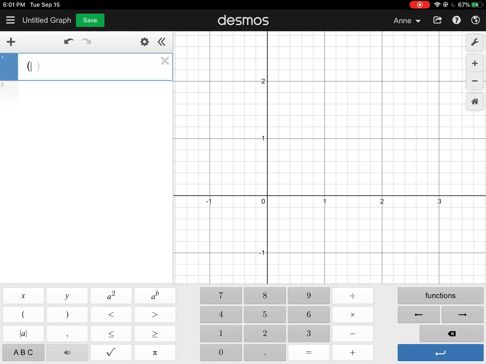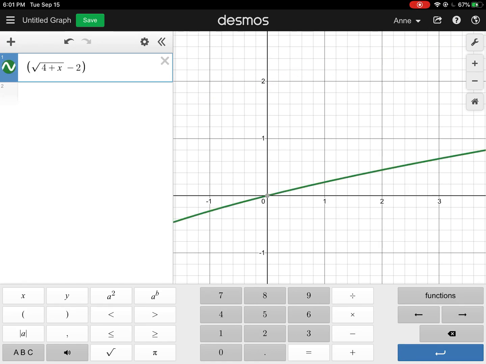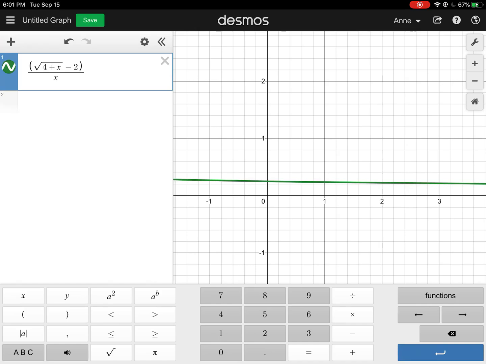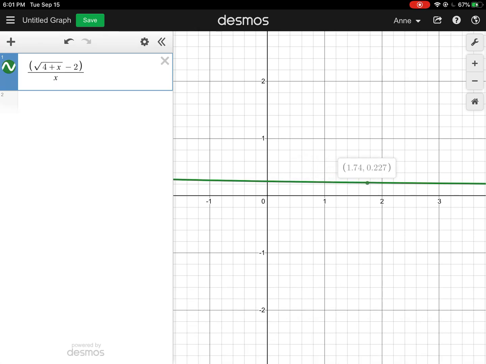So let's cancel this one out. And we're going to do the square root, so it's a fraction, so the square root of 4 plus x, and then minus 2, and then divided by x. I believe that's what it was. And we want to know what's happening as it's getting closer and closer to 2.